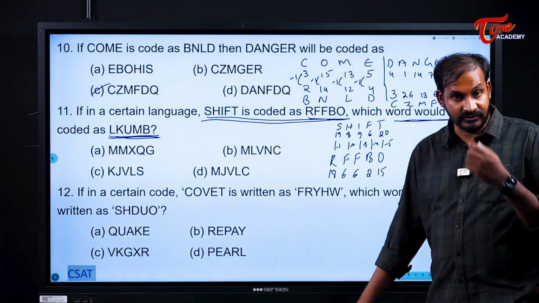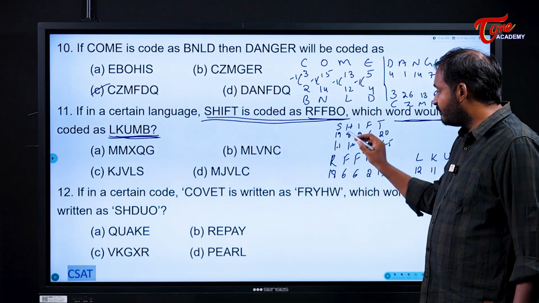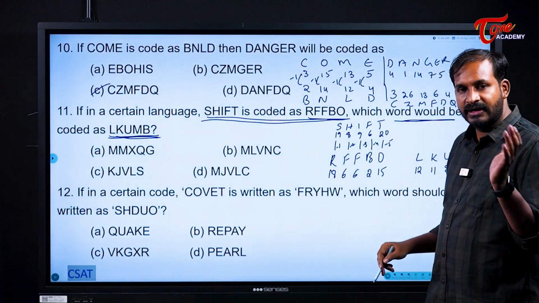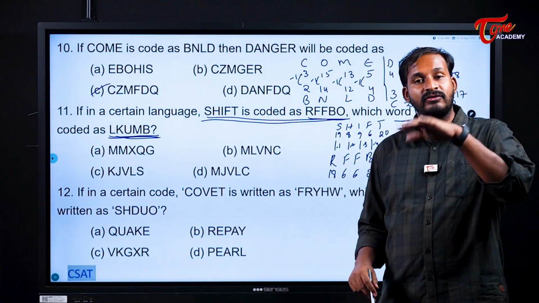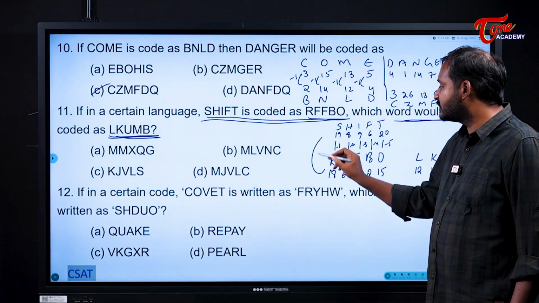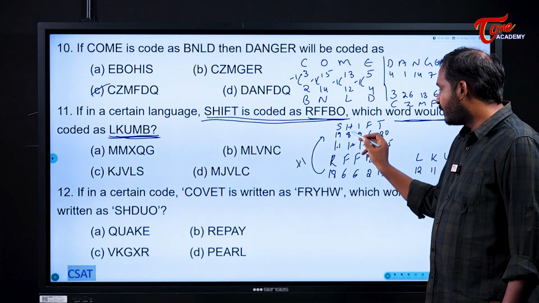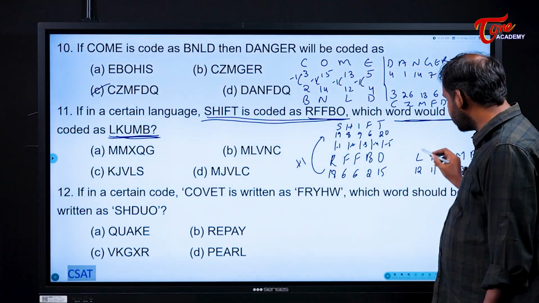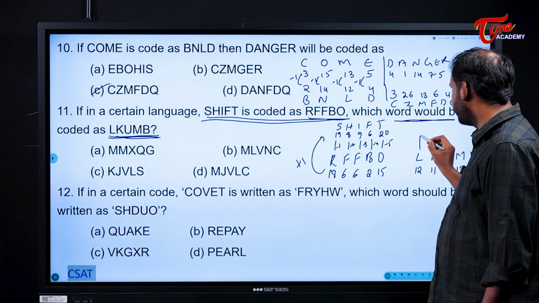Now please see, students, if it is -1, -2, -3 in one direction, then in the other direction what can you write as the logic? +1, +2, +3, +4, +5. So the same logic: here also we need to do it in reverse order.